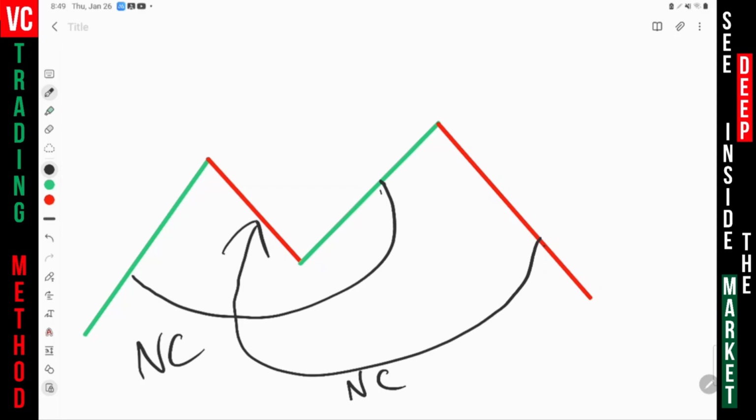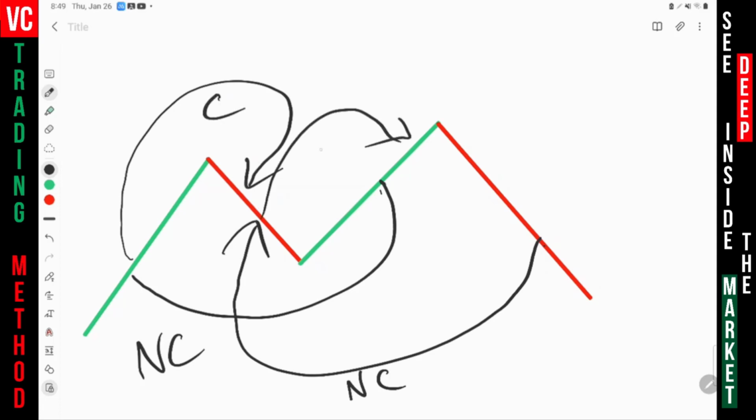The continuous comparison is when we compare each previous wave with the next wave, like this. This is a continuous comparison. Like this is a continuous comparison. I hope this is clear to you.